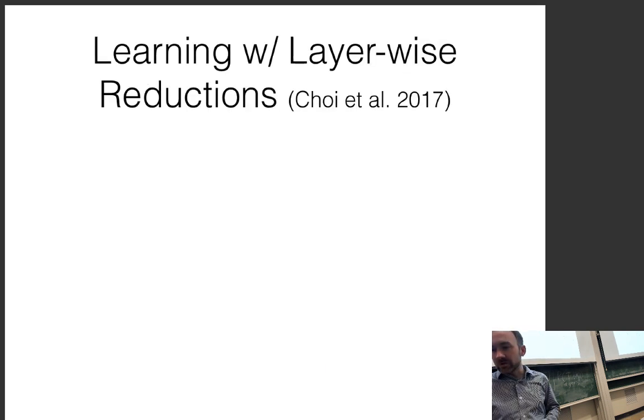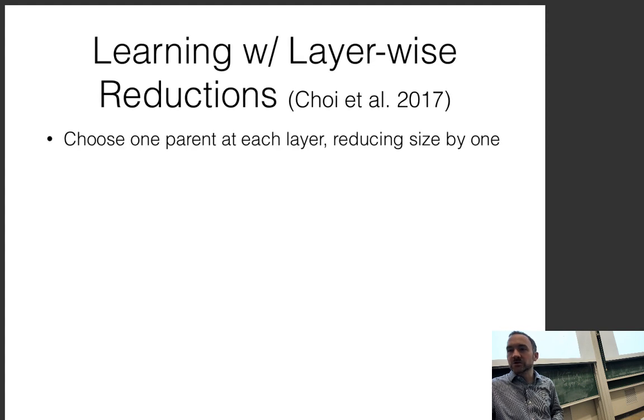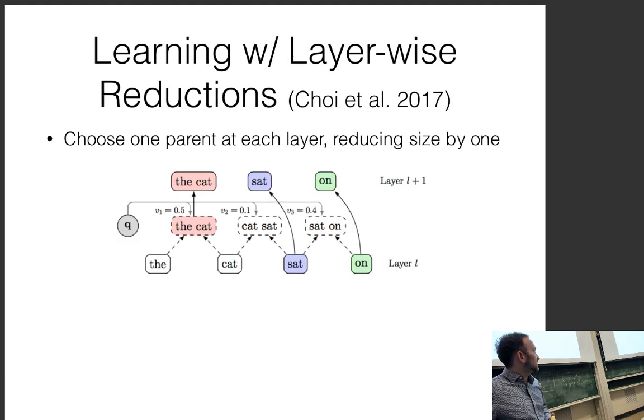So another method that was a little bit more successful, but still I don't think super successful, was learning with layer-wise reductions. Basically, at each level, they have a softmax that decides which two constituents to reduce into a single constituent.